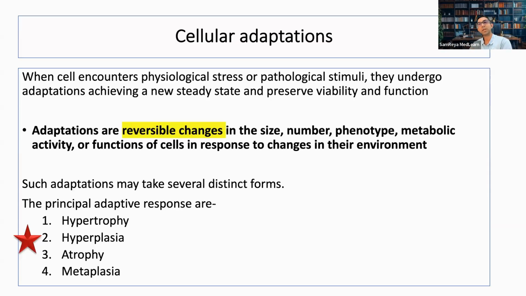We will do exactly the same with all four. What causes hypertrophy? What is the mechanism of hypertrophy? What are the clinical and morphological features of hypertrophy? And the same for all four. Hypertrophy, hyperplasia, atrophy, metaplasia: this is going to be my discussion with you for the next few hours.